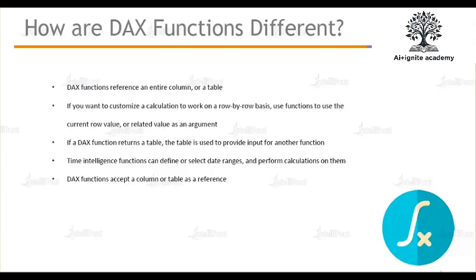For example, today is the 12th of May, so you want to compare sales from 1st May to 12th May 2020 with 1st May to 12th May 2019, the same month last year. If you want to compare such values, you can use time intelligence functions.